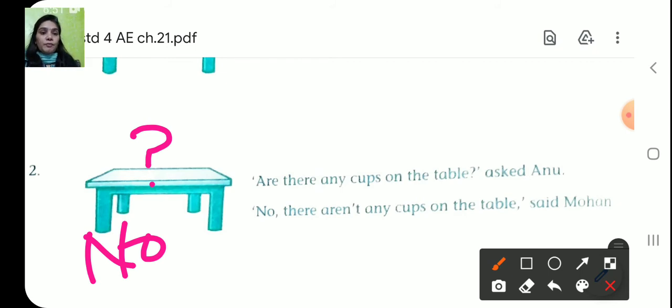No. If the question starts with are, you have to write aren't. Yes, there are, or no, there aren't. Whenever you are giving a negative answer, you have to write no, there aren't. The aren't is the short form, the contraction, of are not.